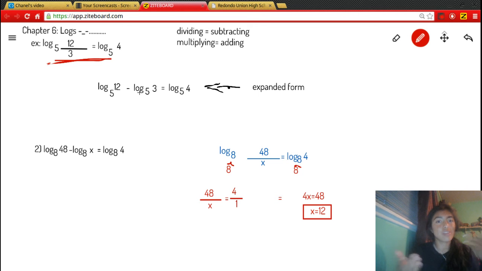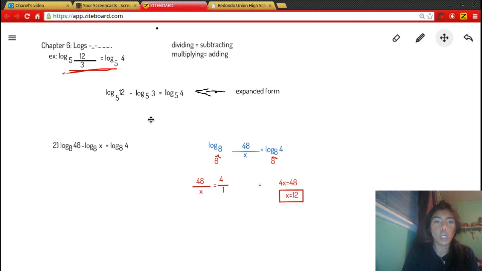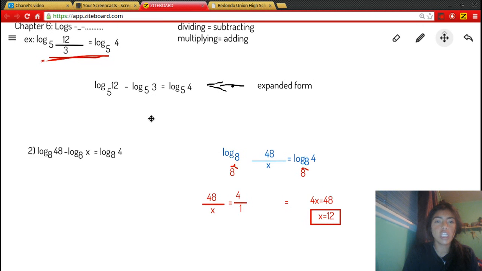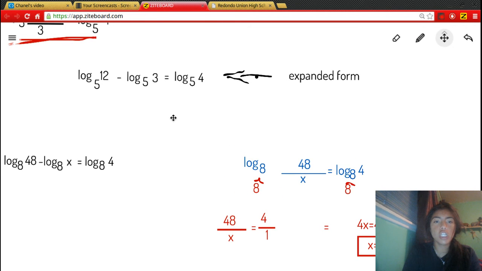So for this, as we're dividing, we're going to be doing log 5 of 12 minus log 5 of 3 equals log 5 of 4. That is the expanded form. Now we can go deeper and eliminate the log 5 so we can do our little mathematics. But that's just an example of what we're doing, in reverse order.